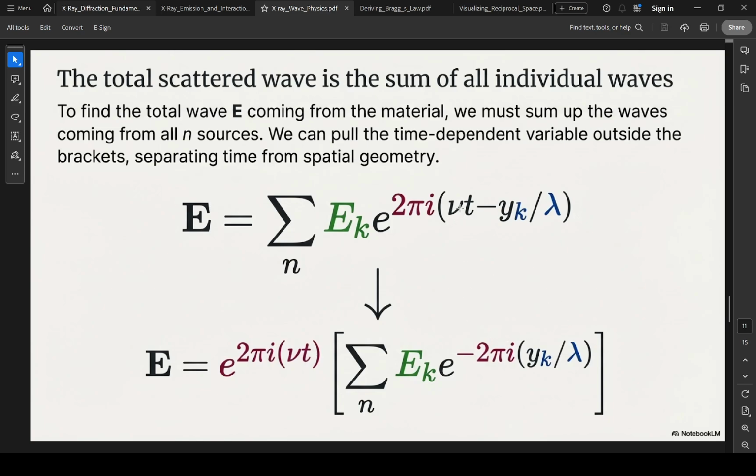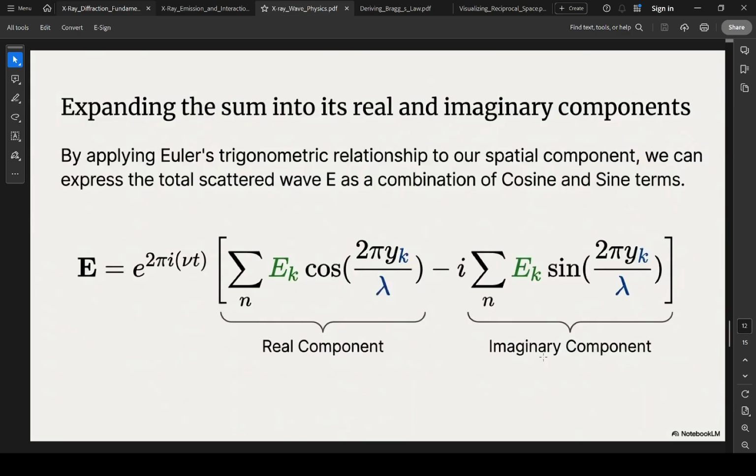Then you can take mu t out, so you will be left with e to the power 2 pi iota mu t, summation n ek e to the power minus 2 pi iota yk by lambda, and then you can divide it into real and imaginary components using Euler's relationship.